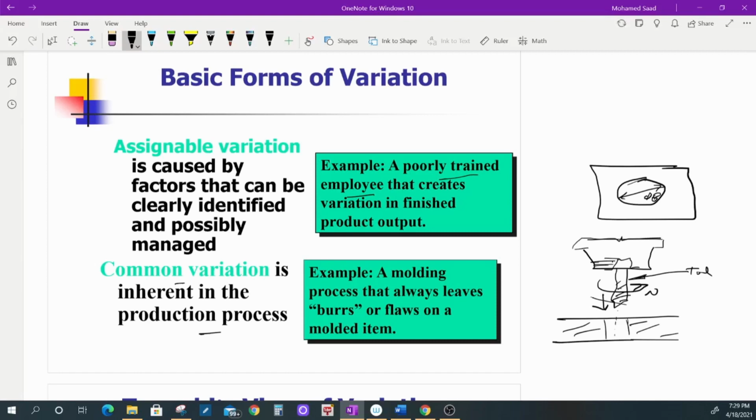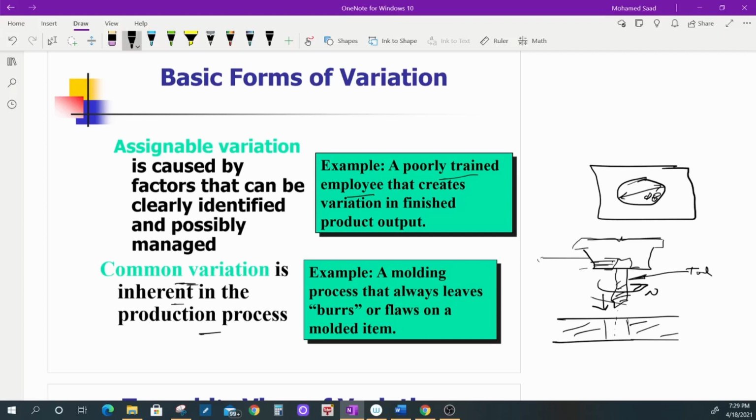But this can be fixed by simply training the operator, right? Just train the operator and make sure he knows how to do his job. That's it. But there are common variations, or inherent sources of variation, which basically happen by default for this process because that's how it works.